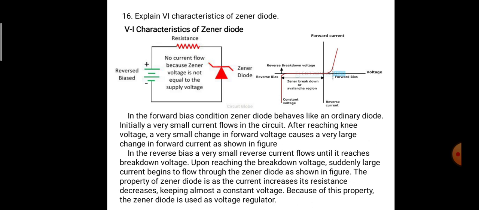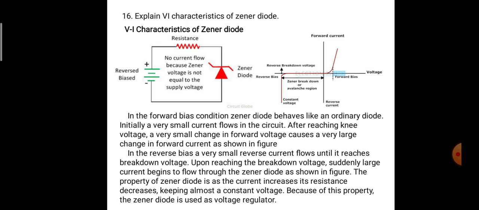After reaching the knee voltage, a very small change in forward voltage causes a very large change in forward current, as shown in the figure. In the reverse bias, a very small reverse current flows until it reaches the breakdown voltage.